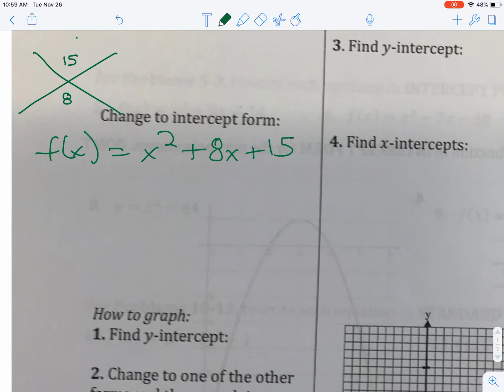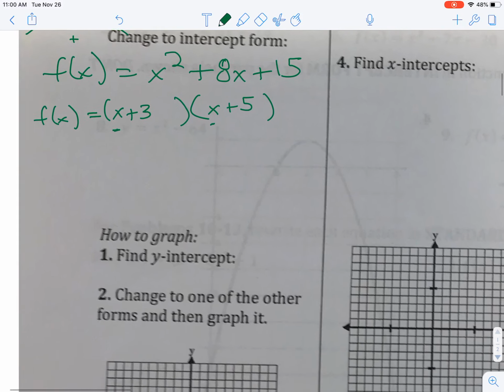And we ask ourselves what multiplies to 15 and adds to 8. That would be 5 and 3. So this tells us that this breaks down to x plus 3 and x plus 5. And that's intercept form. And the x-intercepts to this would be -3 and -5, but that comes later.